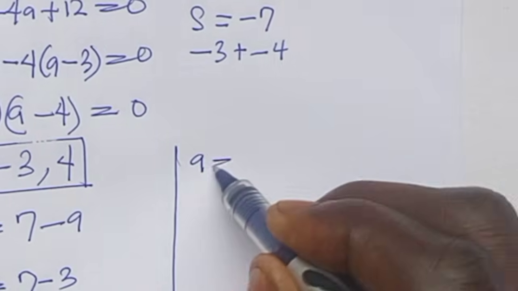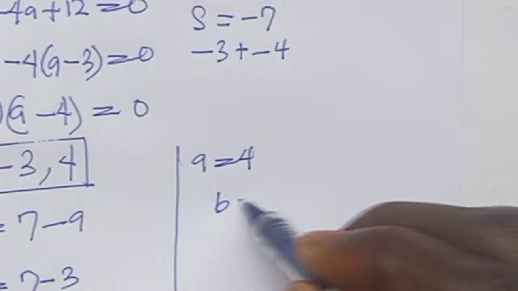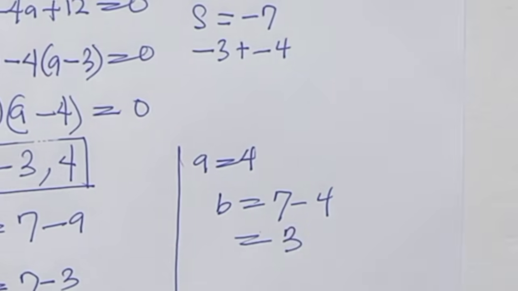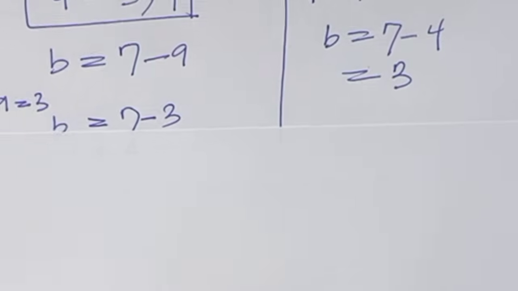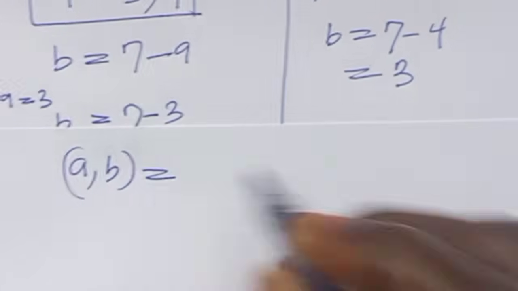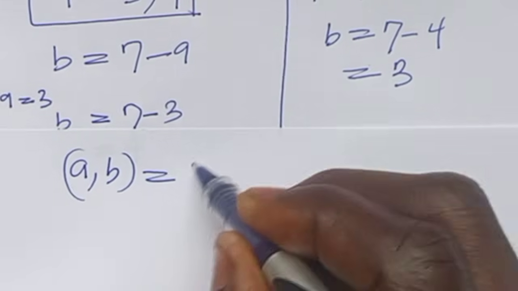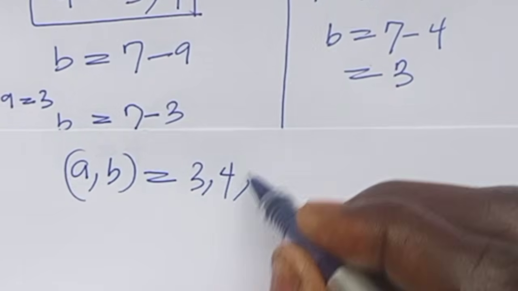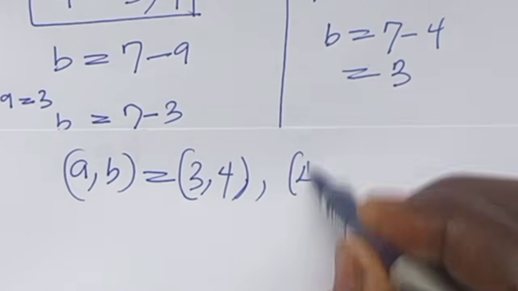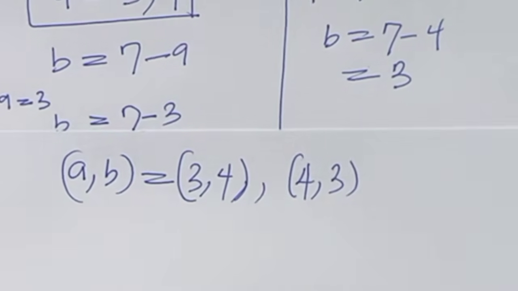And when a is equal to 4, b is equal to 7 minus 4, and this is equal to 3. So the values of a and b can be represented as 3 and 4, 4 and 3, respectively.